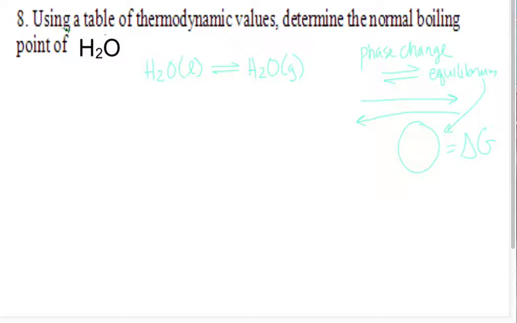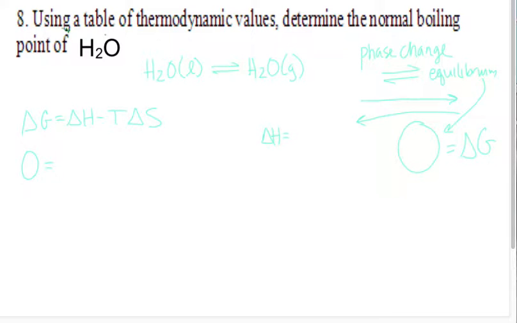So knowing this, how am I going to find the boiling point? We just did it. Delta G equals 0. We're going to put in Gibbs' equation, and we're going to have to solve for our delta H's and our delta S's, which are easy because it's just a number minus a number. So 0 is going to be equal to, let's find our delta H. So we do gas minus liquid.